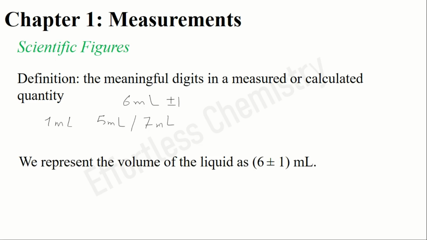So we represent the volume of the liquid as 6 plus or minus 1 milliliter. In this case, there is only one significant figure, the digit 6, that is uncertain by either plus or minus 1 milliliter.